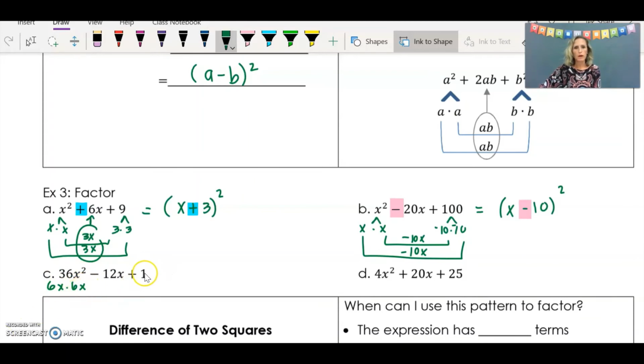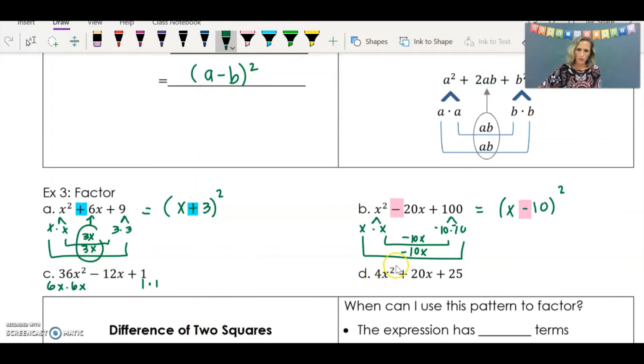Okay, so what about 1? We could split that into 1 times 1. And then 6x times 1 is 6x, and another 6x times 1 is 6x, and we need a negative in the middle. So our quantity squared will be 6x minus 1 quantity squared.